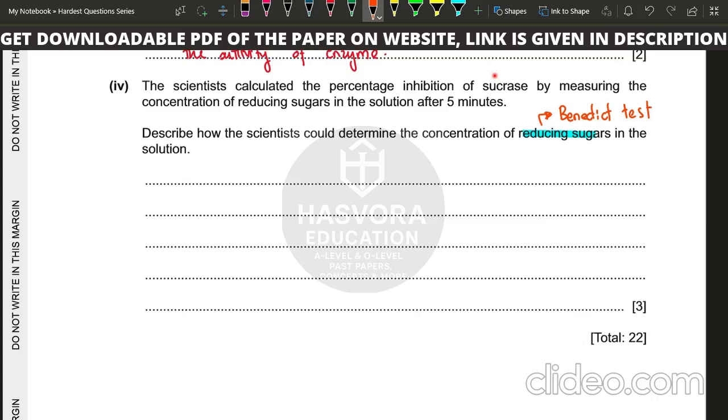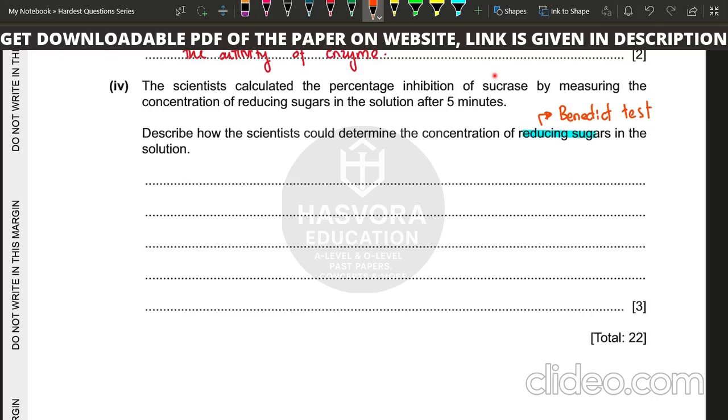Okay, and now what you will be doing, you will prepare different concentrations of the reducing sugars, of known concentration. For example, we will do the dilution, we'll prepare 1%, 0.8%. You can do serial dilution, or you can do the simple dilution. So it will be 1%, 0.8%, 0.6, 0.4 and 0.2.